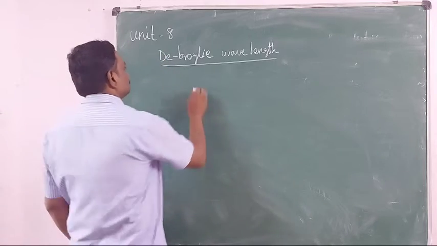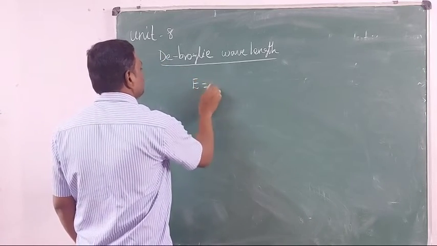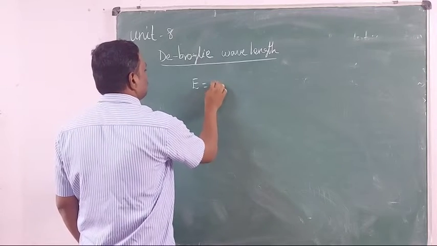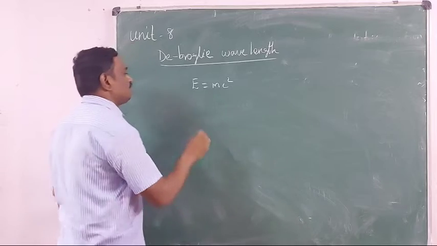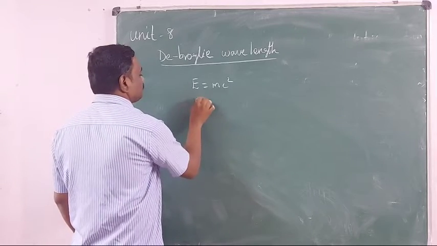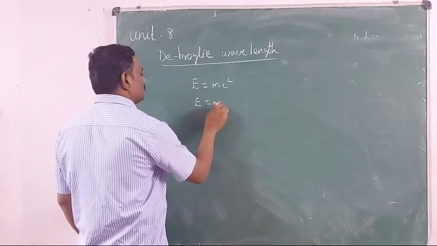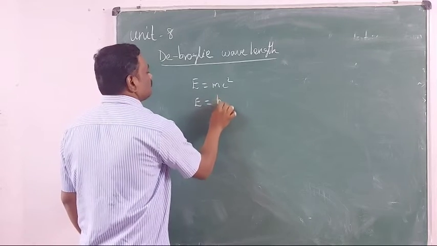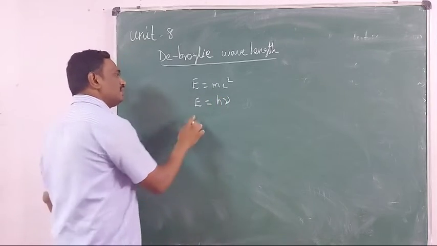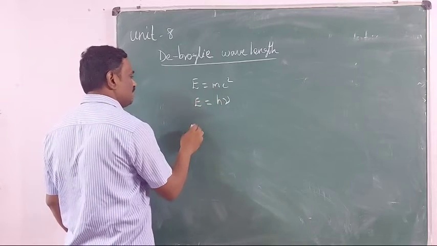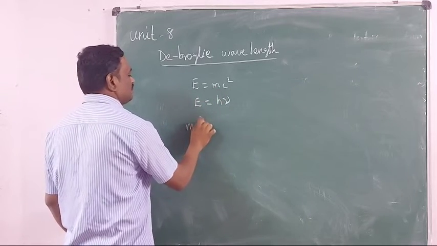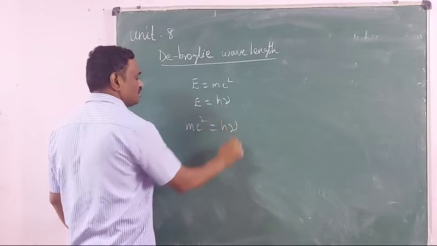We all know that according to Einstein, E is equal to mc square, and from quantum theory, the energy of the photon quantum is E equal to h nu. Here we can relate these two. Instead of E, substitute mc square, so mc square equals h nu.